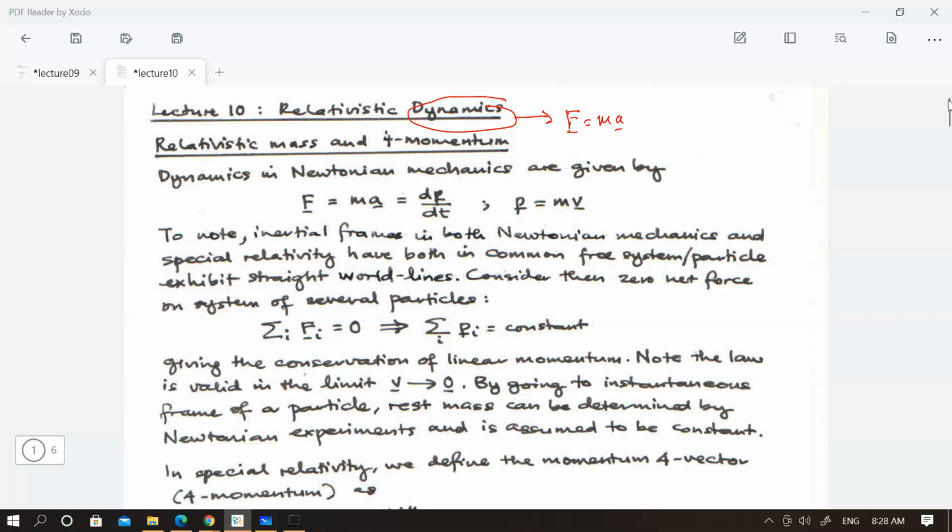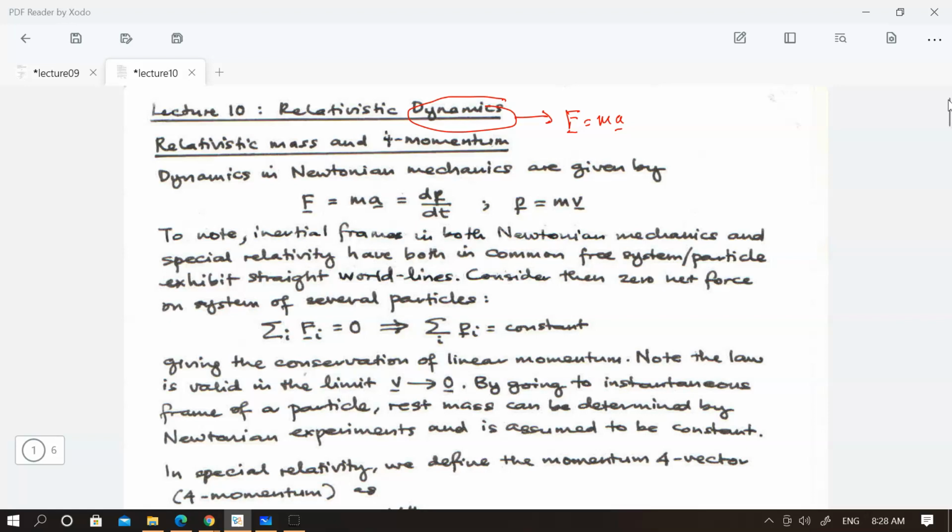Because if you use ma, you are essentially assuming that your mass doesn't change with time. But with p, you can allow your mass to change with time as well as your velocity to change with time. So this is a much more general way of describing your force. It's the rate of change of momentum.